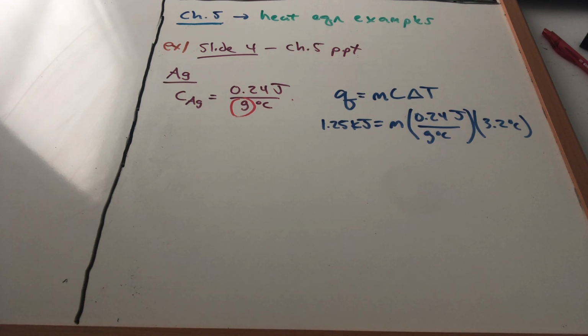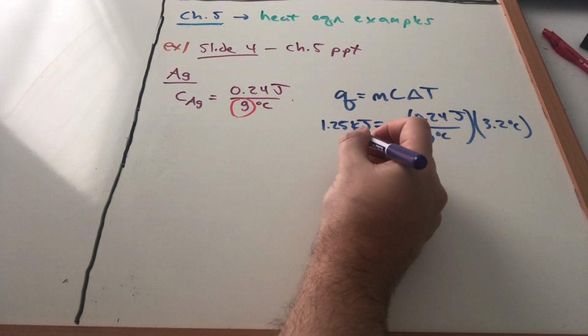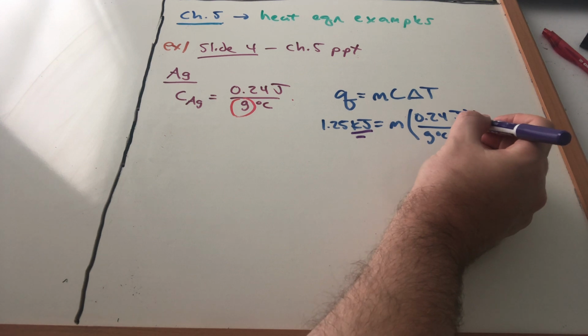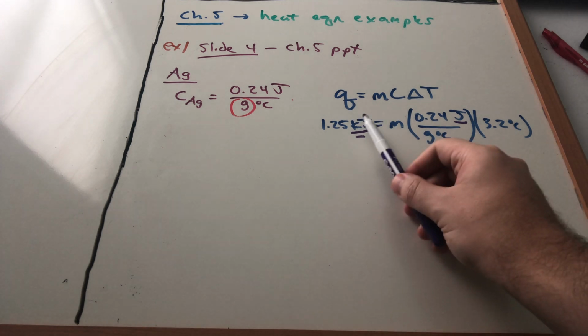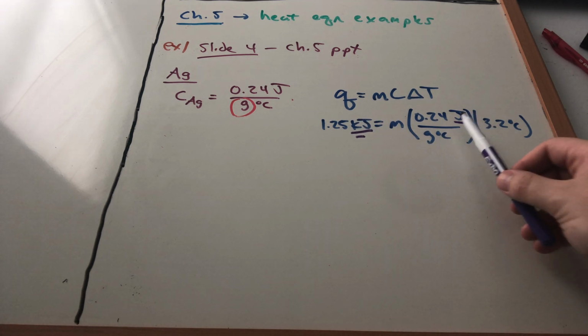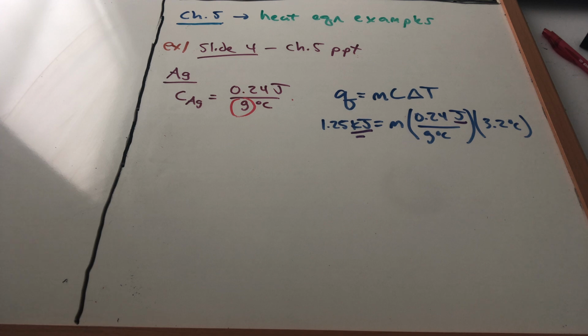Now, I see one issue here to start with, and I'm going to point this out because it happens a bunch. We're going to eventually try to solve this mathematically, but notice that there are kilojoules here and there are joules there. We still have to pay attention to units. Kilojoules on this side of the equation will not cancel with joules on that side of the equation.